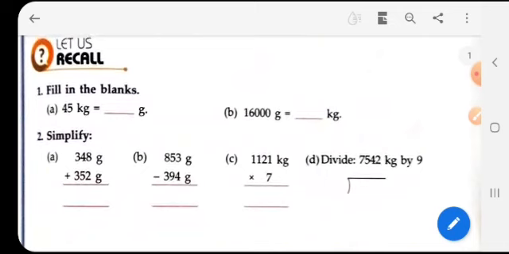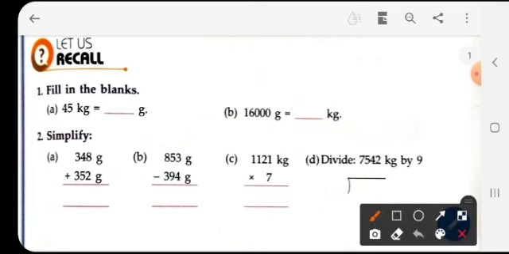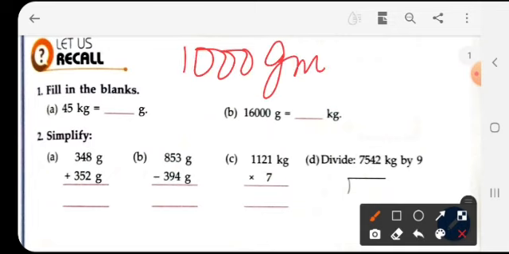You must have known about the unitary table on grams and kilograms. So let's see again, 1000 grams is equal to 1 kilogram, right? And in the same way, we can calculate this also.